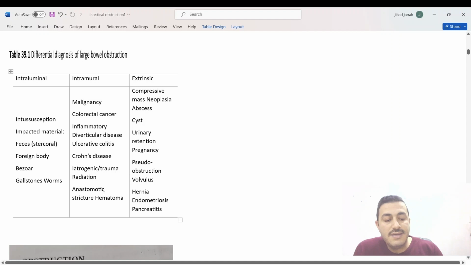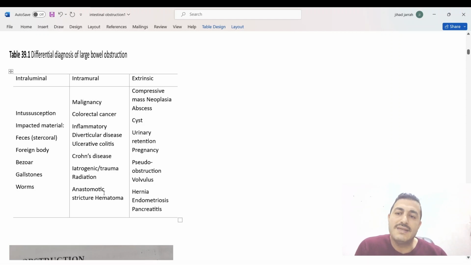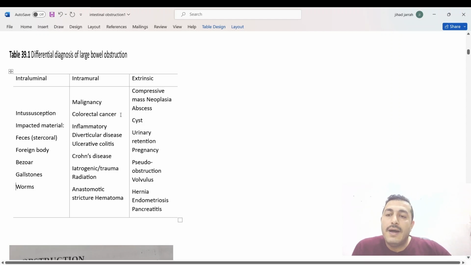These are inside the bowel, while in the bowel wall itself, malignancies, colon cancer arise from the bowel wall, inflammatory bowel disease, Crohn's, ulcerative colitis, causing strictures, for example.